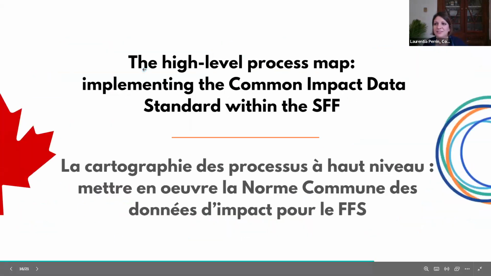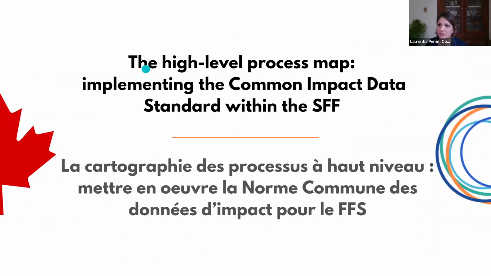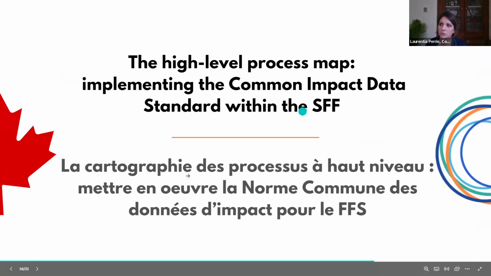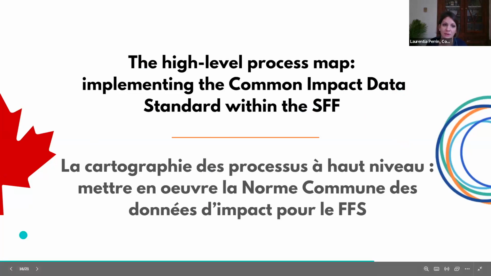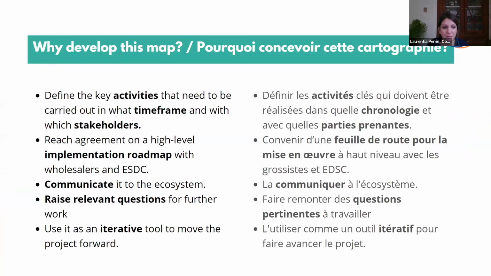About today's high-level process map, I wanted to introduce why we developed this quite quickly. The idea is that we wanted to define the activities that need to be carried out for the Social Finance Fund implementing the Common Impact Data Standard, in what time frame, and with which stakeholders.